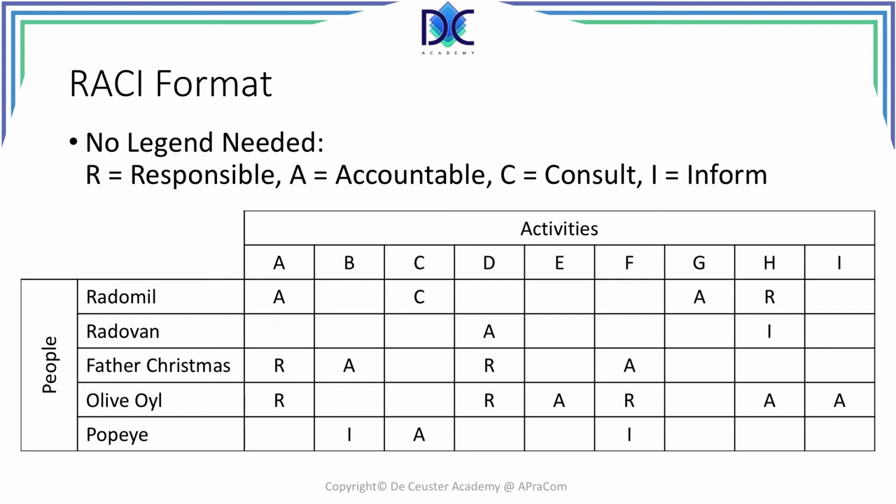The same like the previous example, there can only be one and only one person accountable for a specific task. When you would see more than one A, except for the name of the activities in the columns, that would be a mistake.